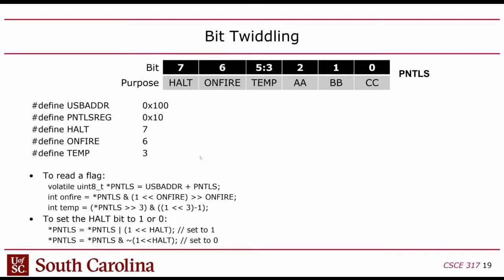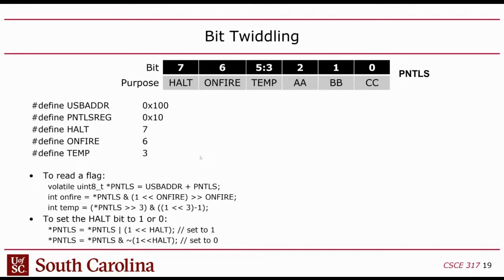What about writing? Well, if I want to write the halt bit, I can dereference PNTLS on both the right and left side. So on the right-hand side of that expression, I read the old value. Now you might say, why do you have to read it if you're writing? Well, I'm reading it so I can make sure that I retain the value of the bits that were in there, aside from the bit I want to change, which is the halt bit, which is 7.